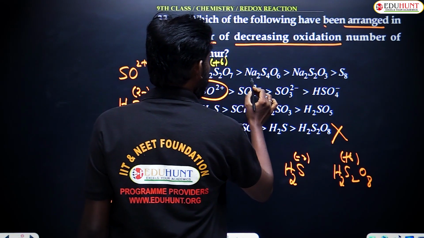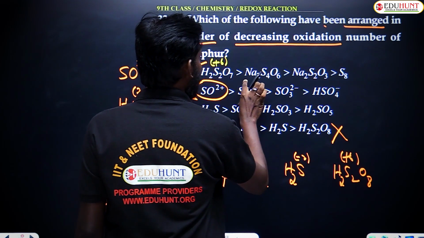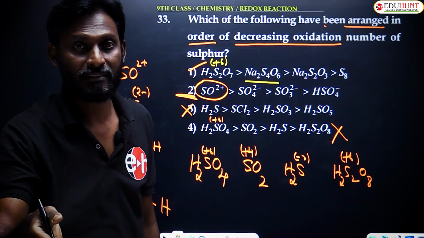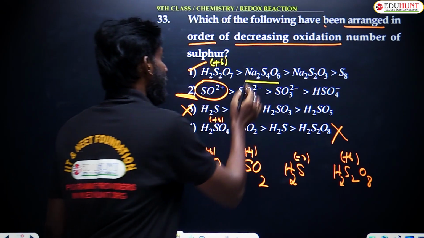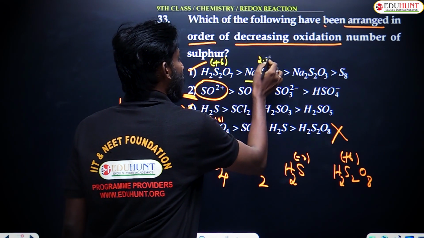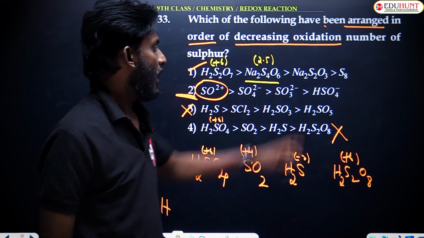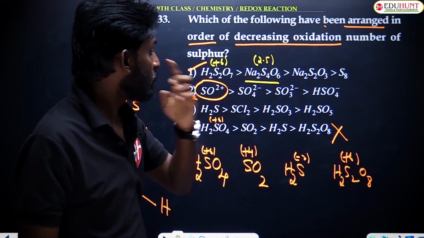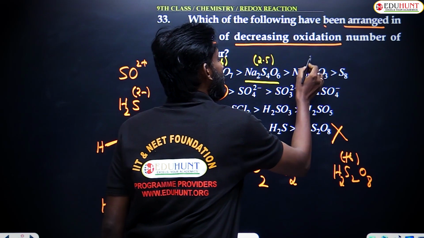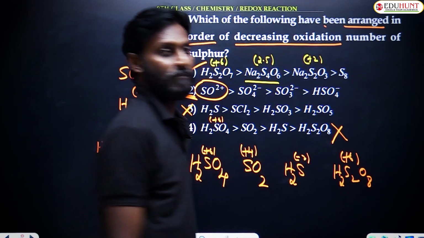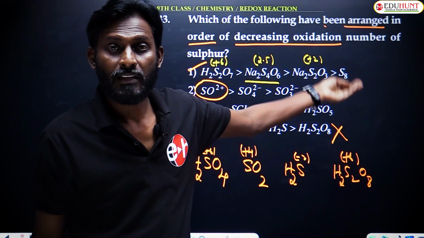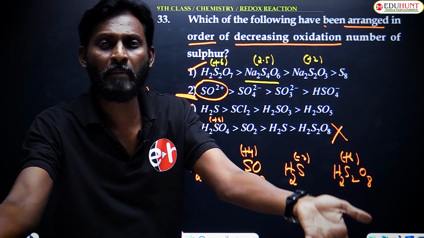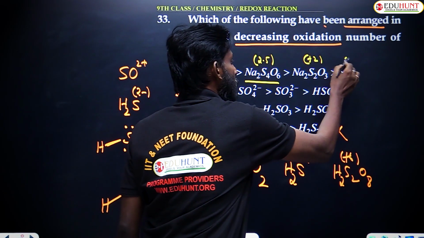And this is Na2S4O6, sodium tetrathionate. Here sulfur is in 2.5 oxidation state. And this is sodium thiosulfite. In sodium thiosulfite, sulfur is in plus 2 state. And S8, sulfur is octaatomic, in elemental form, group of similar atoms, so 0.